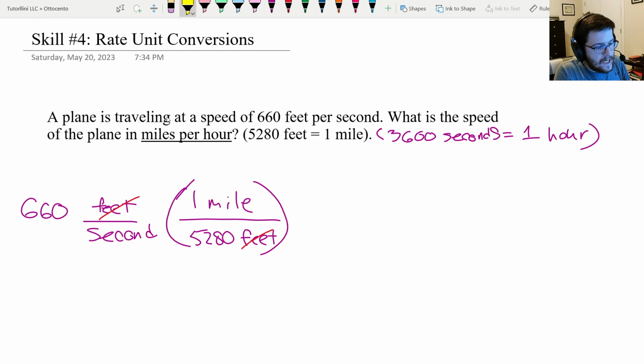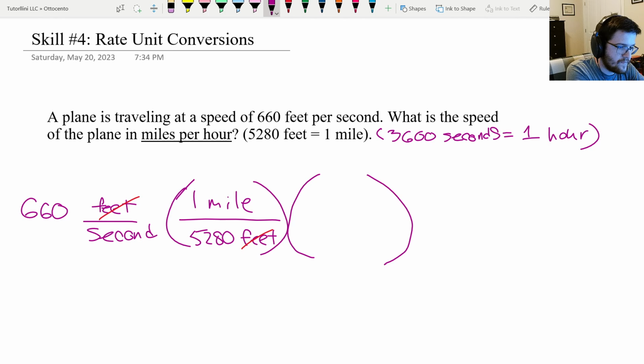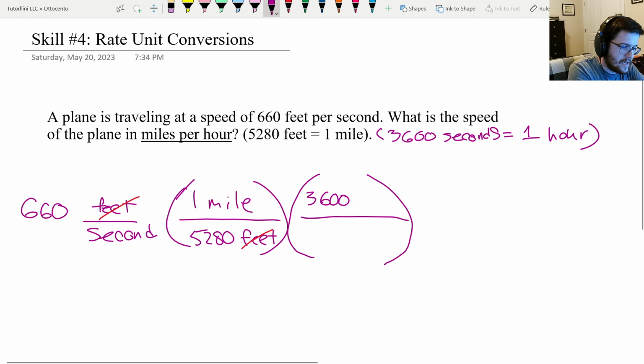But we don't want miles per second, we want miles per hour. So we're going to make another unit conversion. And again, if I want, I can just cross that out. I'm not using that one anymore. Okay, so we're going to put 3,600 seconds on the top and 1 hour on the bottom.